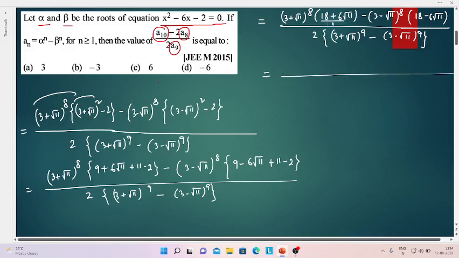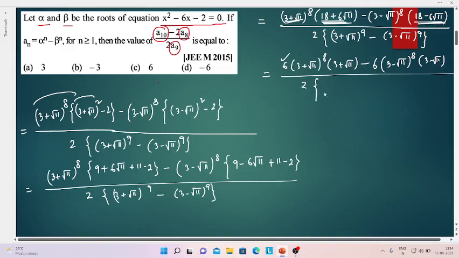If we take common 6 from this region, we will have (3 plus root 11) to the power 8 and 3 times root 11 with the 6 outside. Similarly, if we take common 6 from there, it will have 6 times (3 minus root 11) to the power 8 times (3 minus root 11), right?